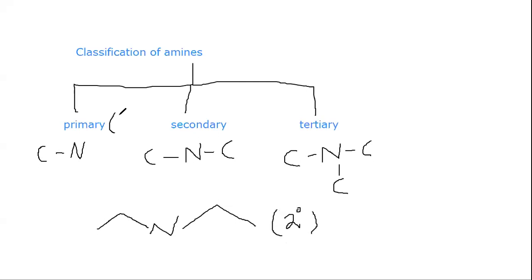Sometimes they use these numbers: primary, secondary, tertiary. So this is secondary. What about this amine? So easy to identify primary, secondary, and tertiary. So this is tertiary.